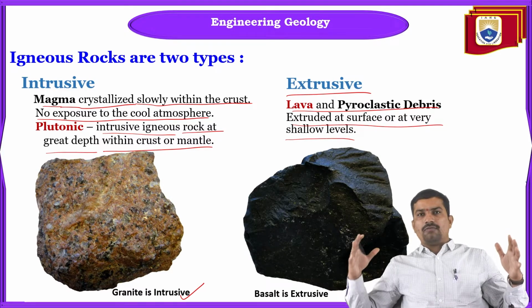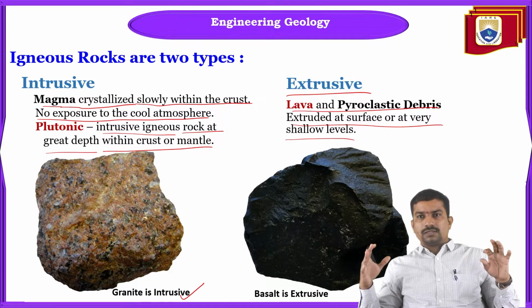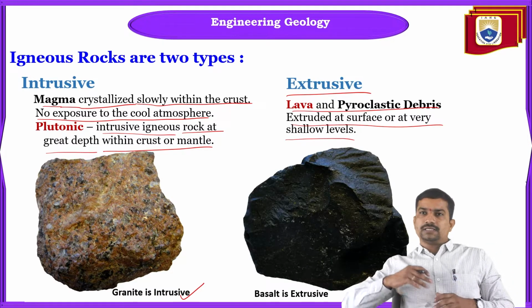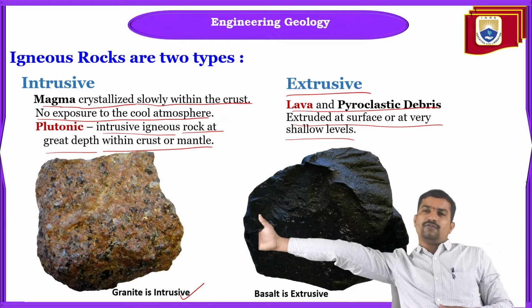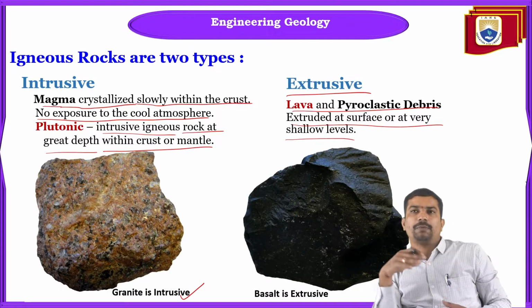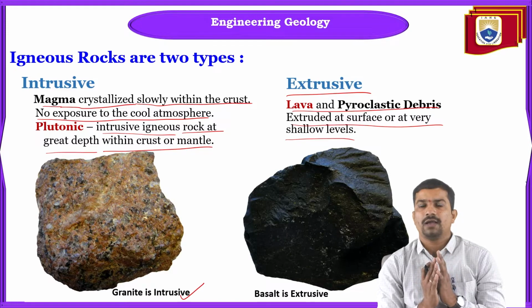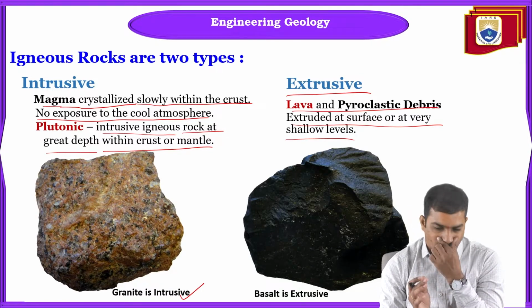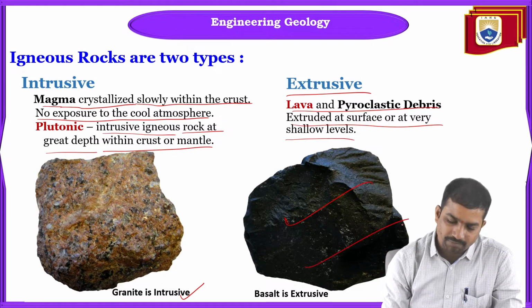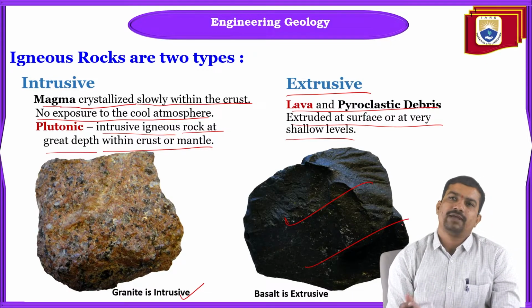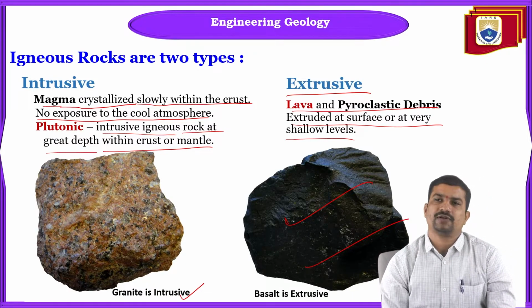This hot lava or magma, the liquid, when it reaches the earth's surface and gets solidified and cooled, that type is called an extrusive type of rock. A strong example is black basalt, which has common applications in our infrastructure.